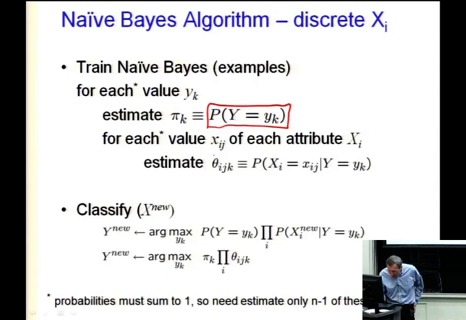Then, for each value x of each attribute, each of the input variables, we also have to estimate those conditional probabilities. So for every possible value of y and every possible value of x sub i, we need to know its probability. And of course, some of those sum to 1, so we don't necessarily have to go through the data all the time, but we have to go through a linear number in n of those. And then, given a new thing to classify, we just use that expression that we just discussed, and now we have estimates.